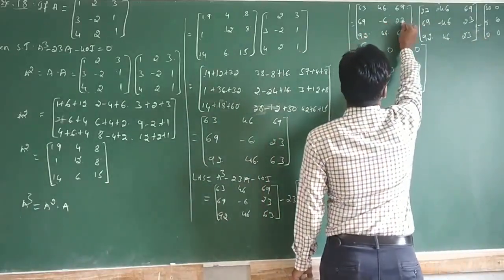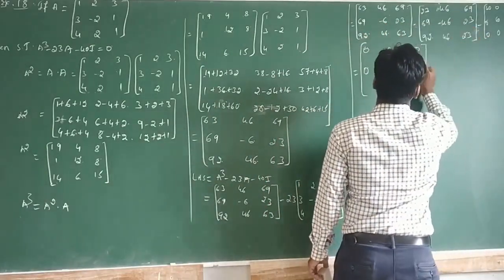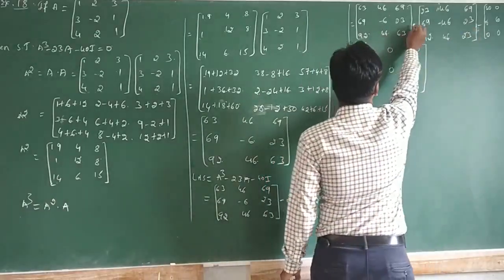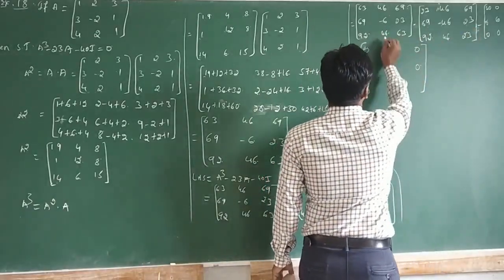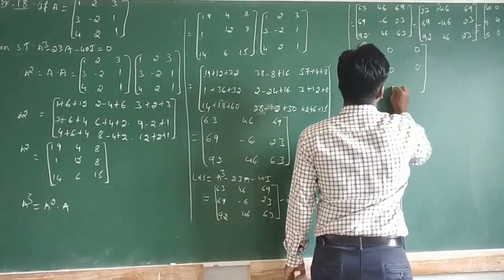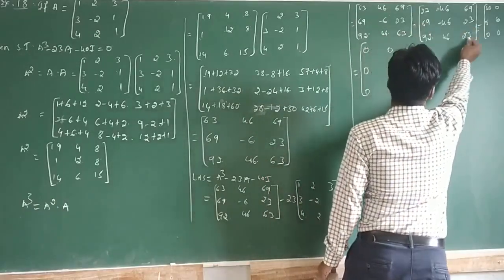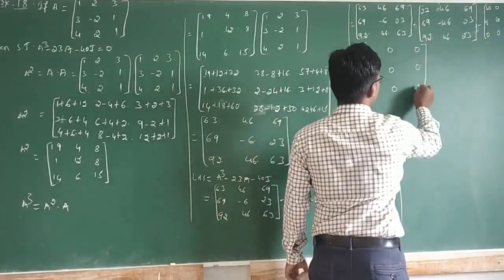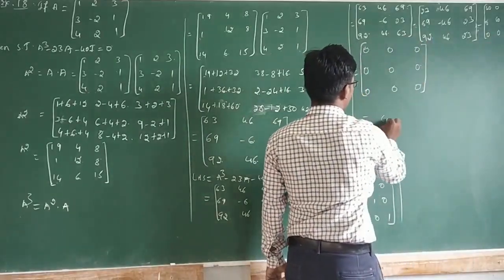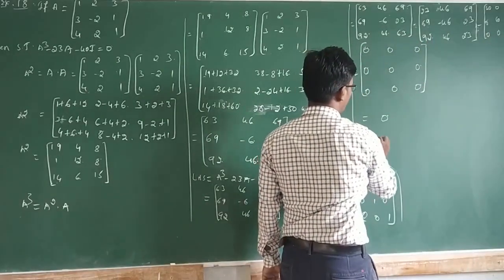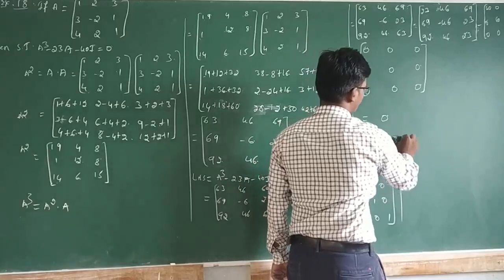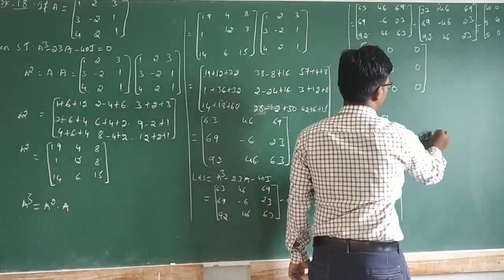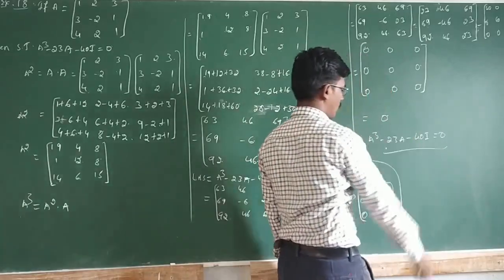Next 23 minus 23 is 0, next 92 minus 92 is 0, 46 minus 46 is 0, 63 minus 23 minus 40, so minus 63, 63 minus 63 is 0. So which is equal to what? 0. Therefore what we prove: a cube minus 23a minus 40I is equal to 0. We have to prove this.